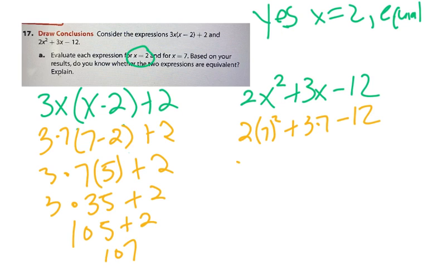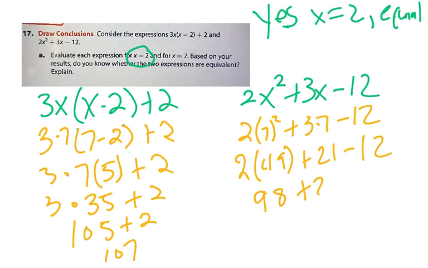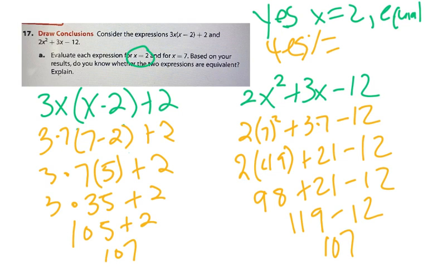Then it's going to become 2 times 49 plus 21 minus 12. 2 times 49 is going to be 98 plus 21 minus 12. 98 plus 21 is 119 minus 12. I'm going to get 107. Look at that. Yes. When x is equal to 7, the expressions are equal at 107.